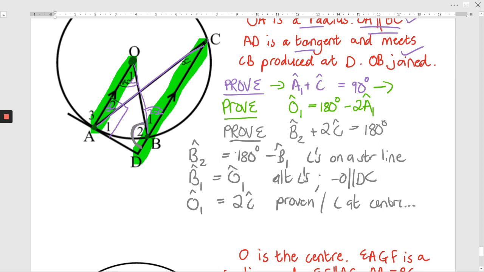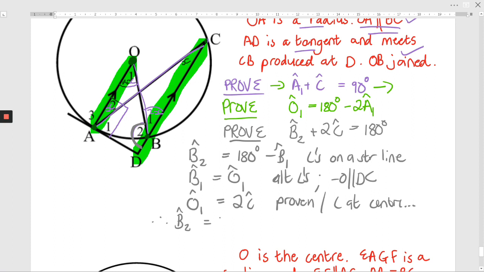I said that B2 equaled 180 minus B1. So therefore B2 equals 180 minus anything else that's equal to B1. And B1 equaled O1, and O1 equaled 2C.